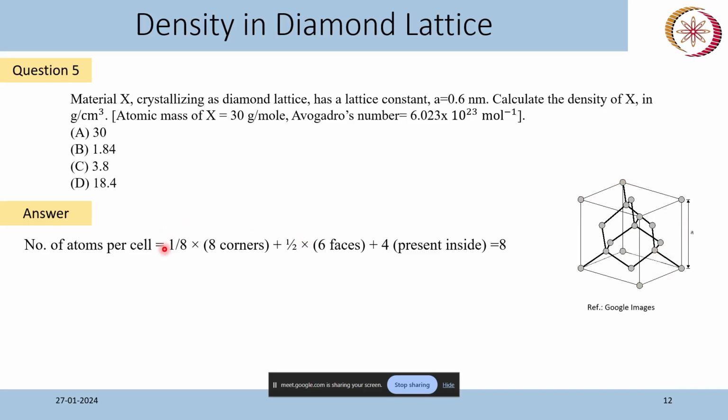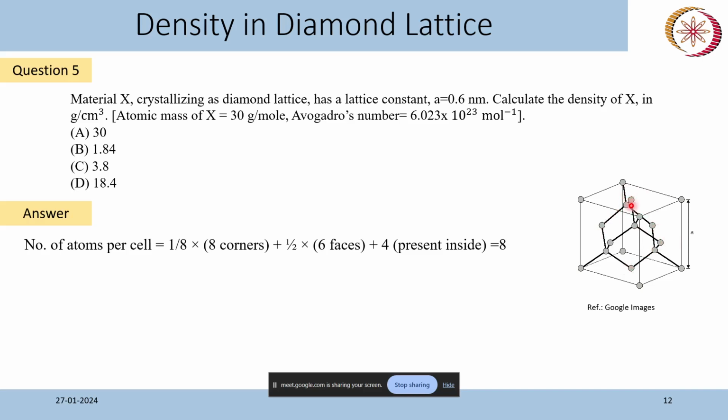So the contribution for one cell will be 1 by 8, and there are 8 corner atoms. Then there are 6 atoms at the faces, and these 6 are shared between 2 cells.